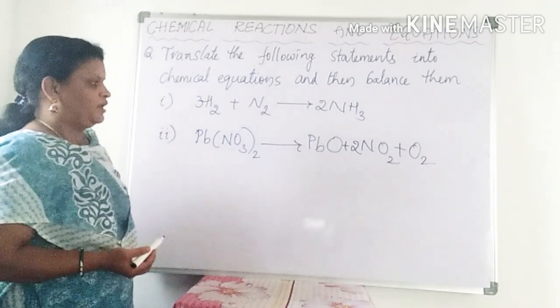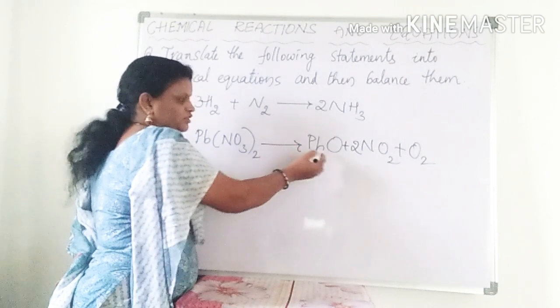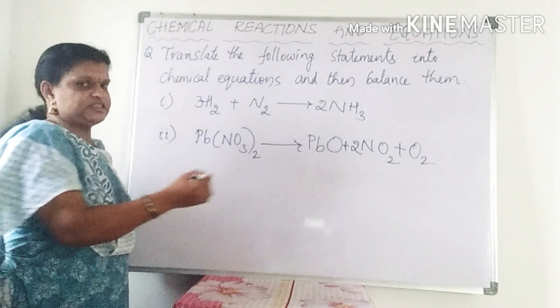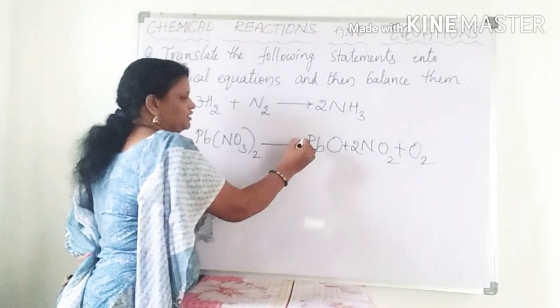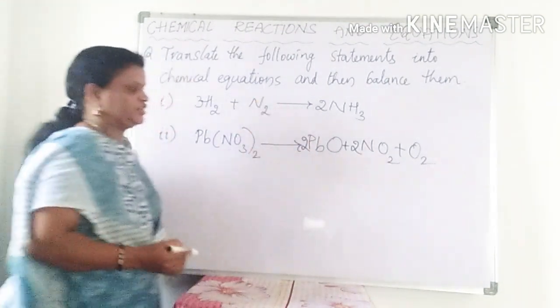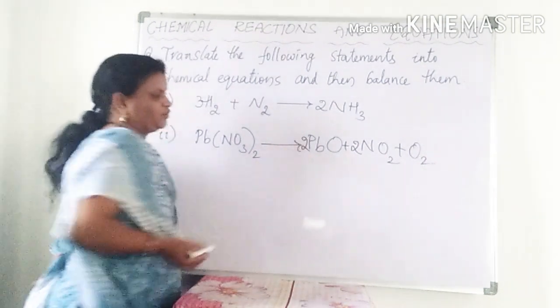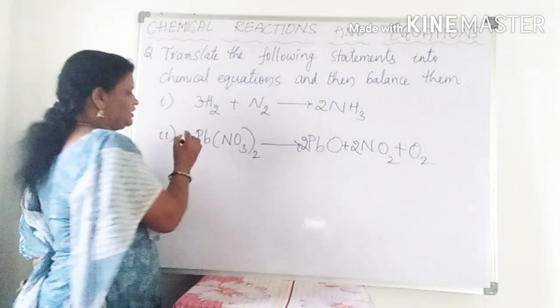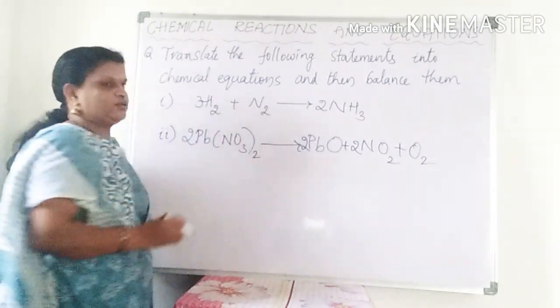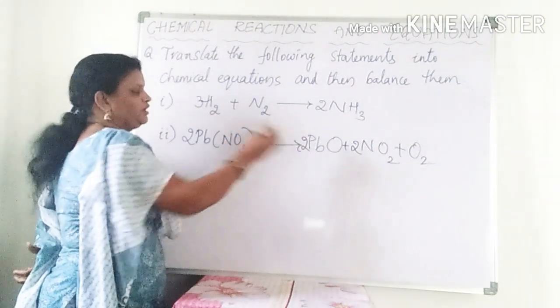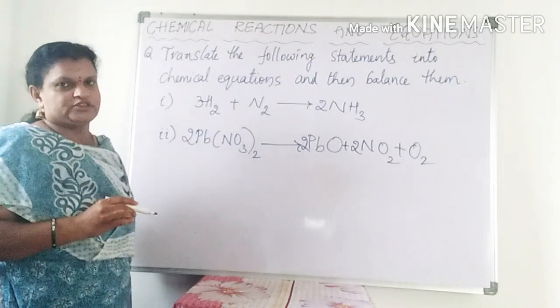On the reactant side only 6 are there. So what can we do? If you write some number before PbO, oxygens will increase there. So let us try by writing 2 before PbO. But if you write 2 before PbO, we have to write 2 before Pb(NO3)2 also. That is, if you take 2 moles of lead nitrate, then only 2 lead oxide molecules are formed.